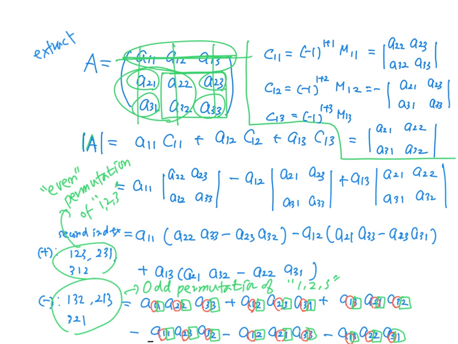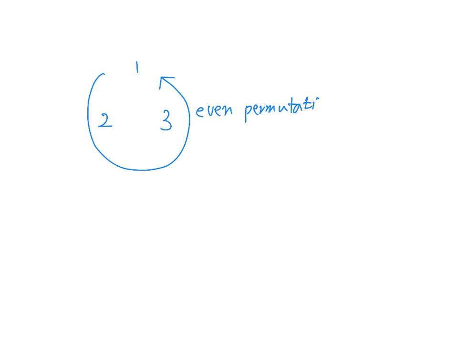So we have 1, 2, 3, counterclockwise arrangement. Right? 1, 2, 3, or 2, 3, 1, 3, 1, 2. So a counterclockwise arrangement of 1 to 3 is an even permutation. So this is called counterclockwise.